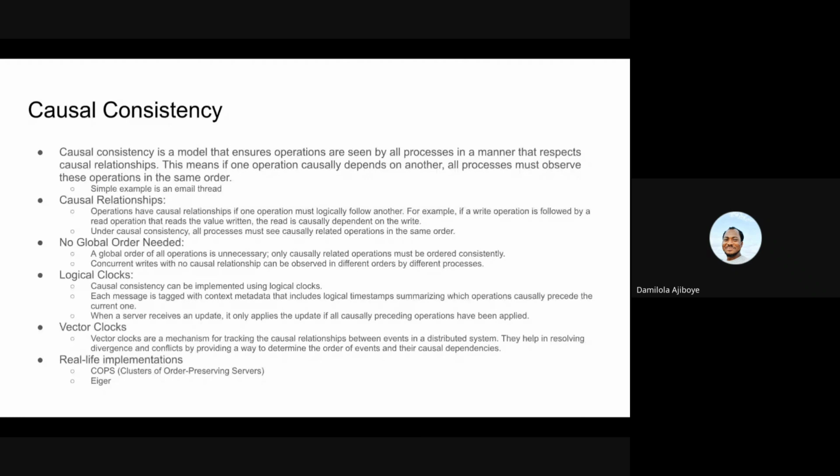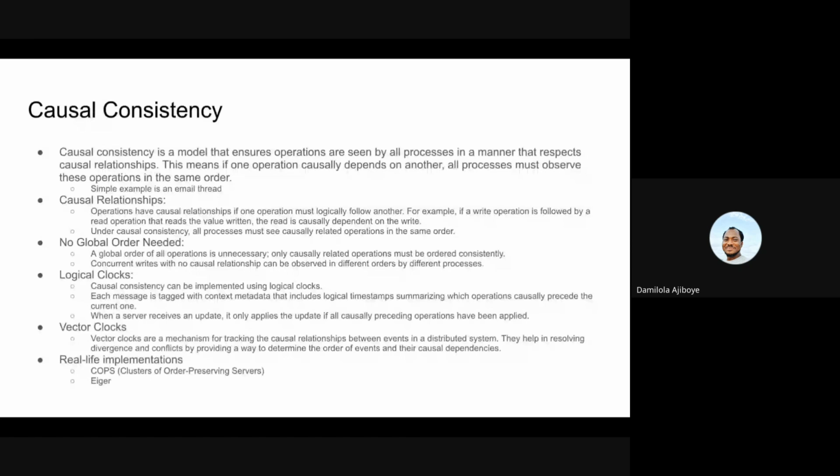A simple example, which I think the book talked about, is a chat thread. I used an email thread, but threads basically. There's a message, maybe hello, and then there's a reply, right? In the network, we need to see the messages in that order, even if the messages are propagated at different speeds.